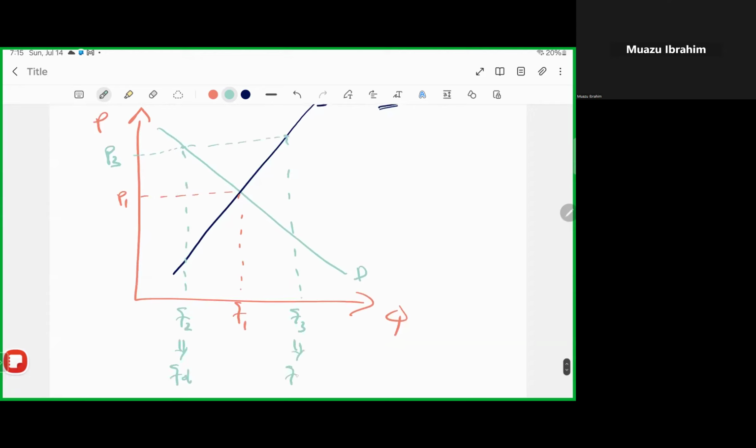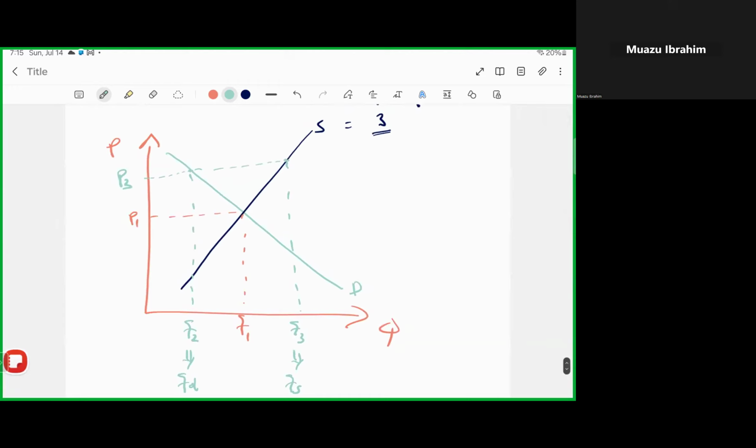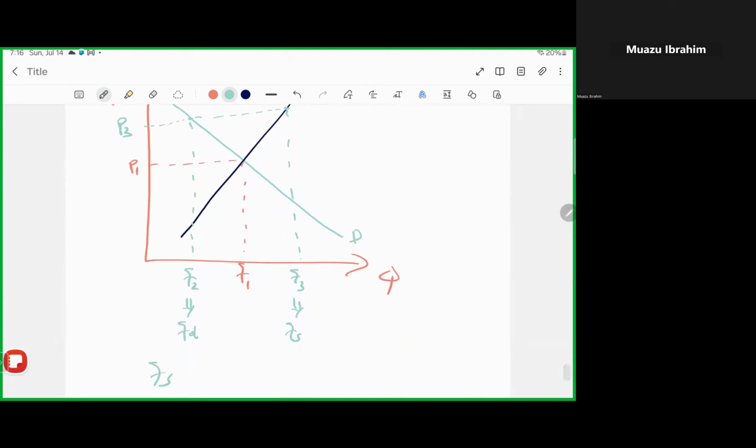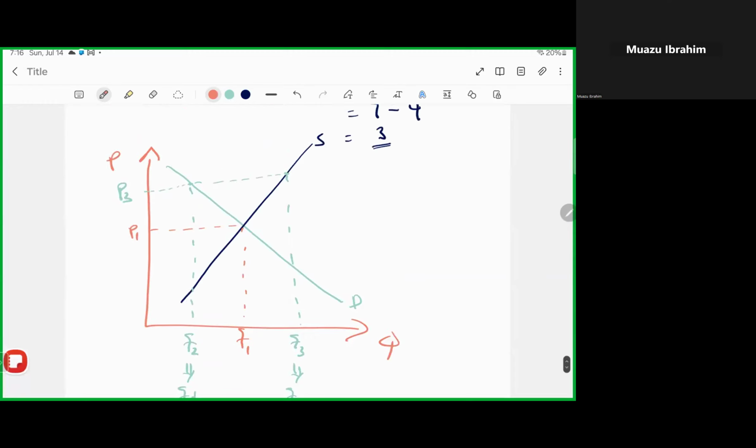This will be the quantity supplied. Now, you realize that our quantity supplied is higher than the quantity demanded, or our quantity demanded is less than the quantity supplied. They are supplying more than is being demanded.